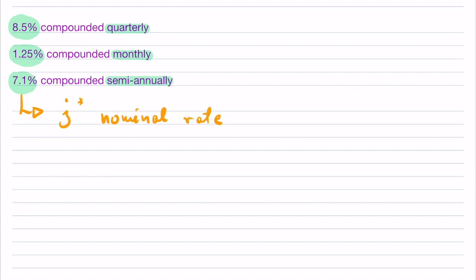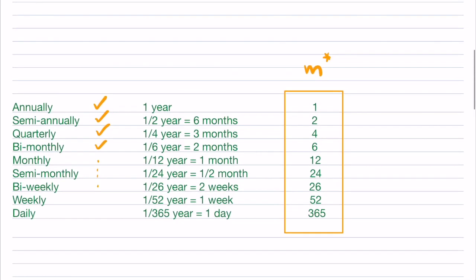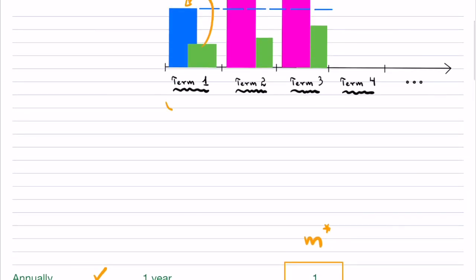Now, once this is given, if you want to find out what the term rate is, and term rate is the actual interest rate for each term, that we refer to as little i, because it's not annually necessarily all the time, we have to find out what this little i is.